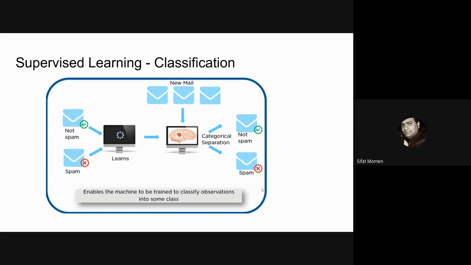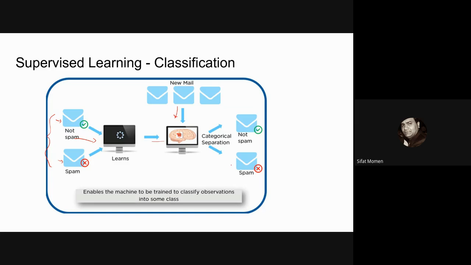Okay, here's an example: supervised learning classification. Imagine you have a repository of emails. Some of these emails are spam, some of these emails are not spam. So it's a labeled data set that you have, and you feed it to the learner, and it learns a model. Okay, and now if you give new data, that's the new data, new mail আসতো, এখান থেকে দেখে ওই মডেলটা ইউজ করে it will either predict it as not spam or spam.